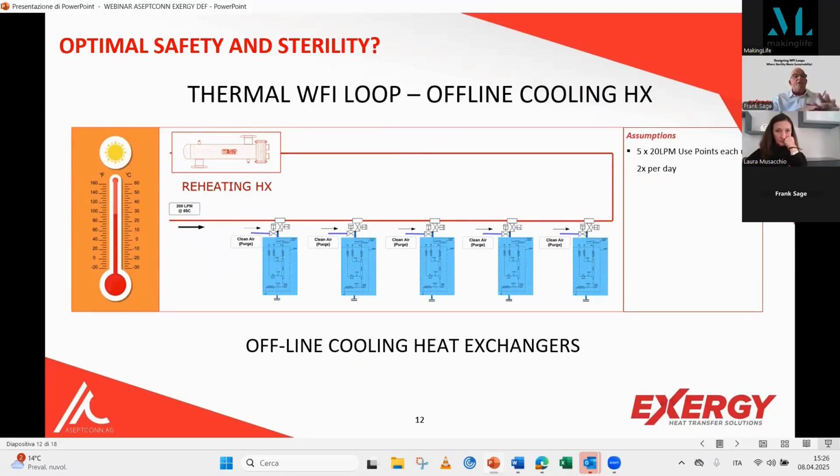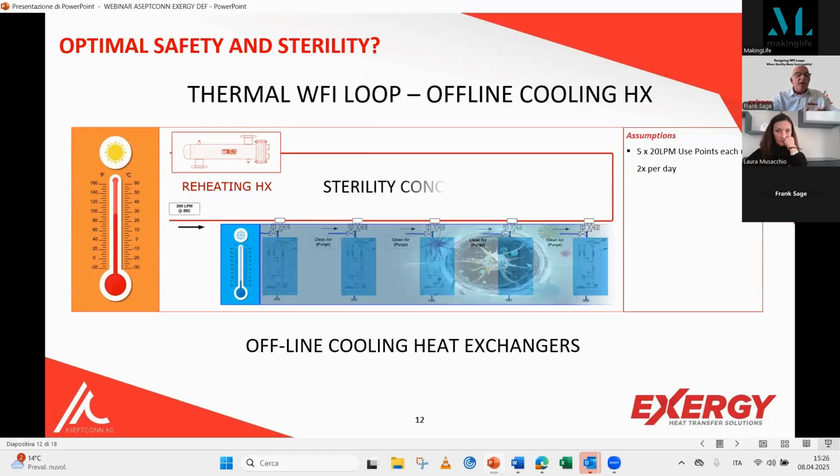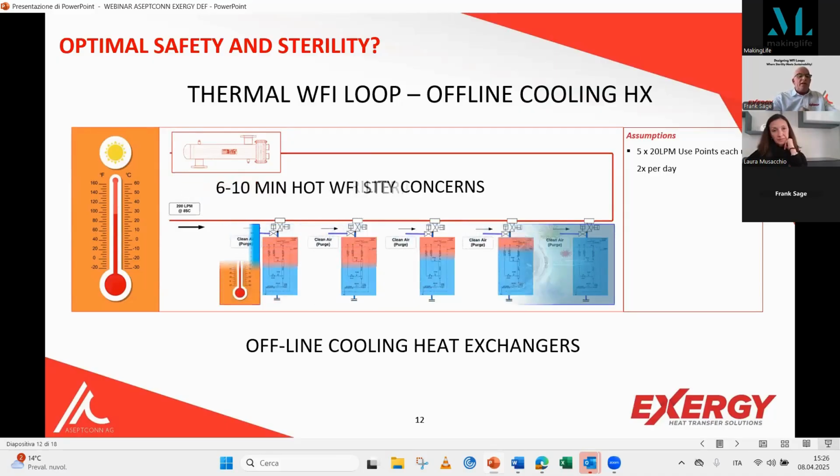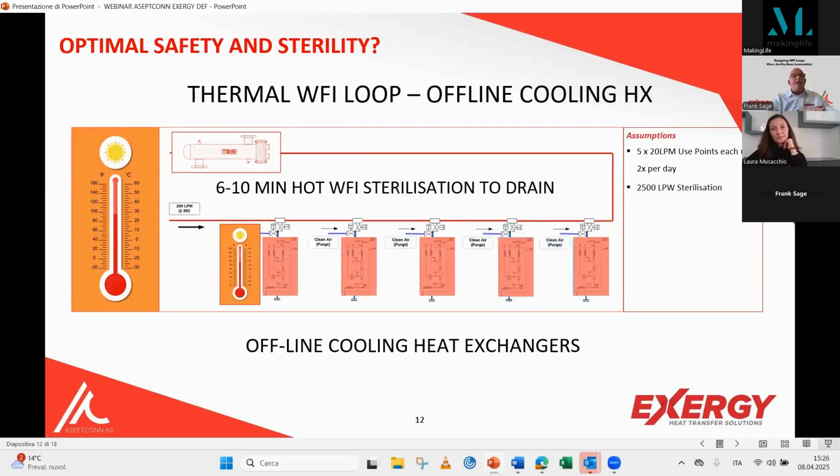There are a number of issues here that need to be considered. The first is sterility. Because the offline heat exchangers are offline, they're cold and there are sterility concerns. So these offline point of use heat exchangers need to be sanitized with hot WFI being dumped to drain prior to use. And that process takes about 6 to 10 minutes.